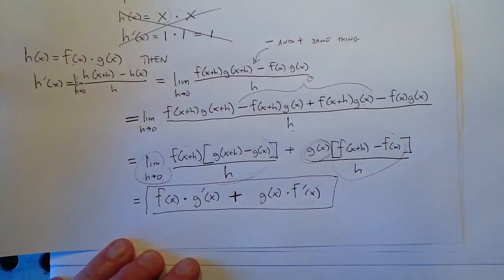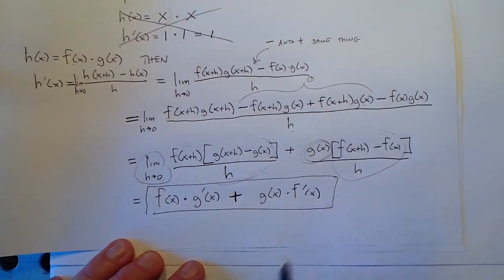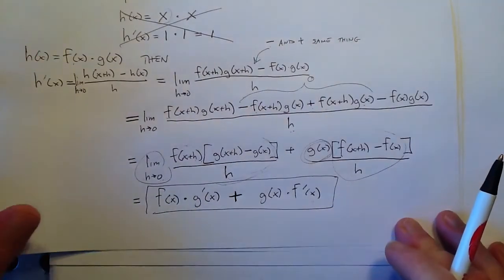Again, if you want your answers to always look like answers that I have in videos and that I do in class, then I'm actually going to do this term first. Okay, so let me show you how that works.